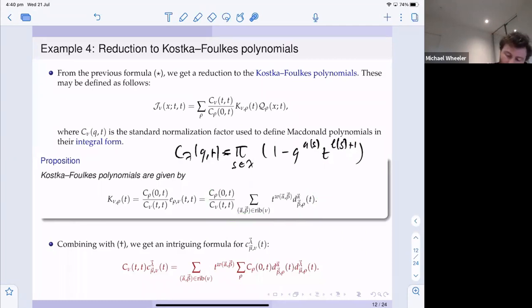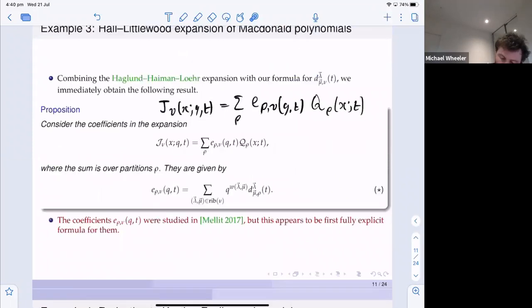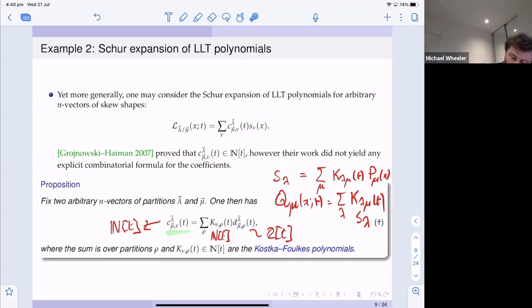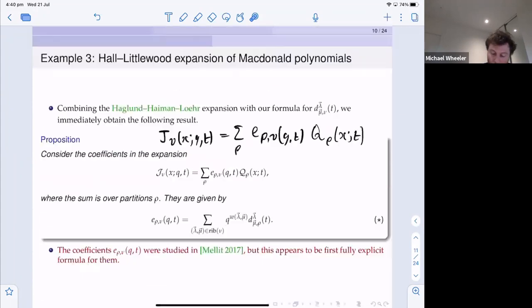And so if I take that thing and combine it with the previous equation dagger, so let's go back and look at dagger. Dagger was an expansion for these coefficients in terms of the ones that we've been studying, multiplied by the Koska-Fulks. So now if you put the Koska-Fulks into here, then you get a new formula, and that's this one.